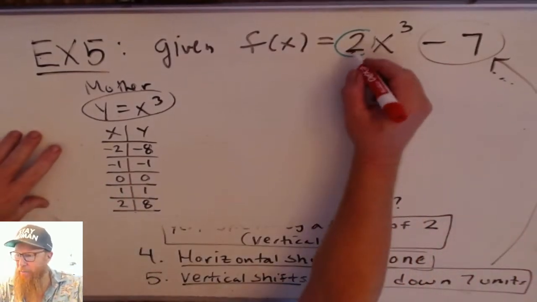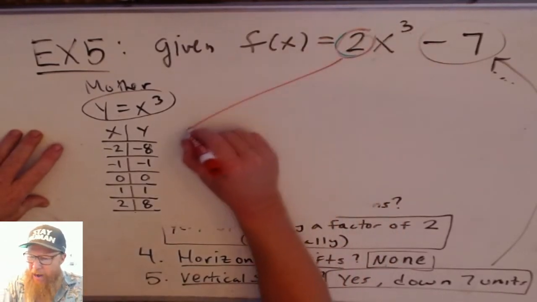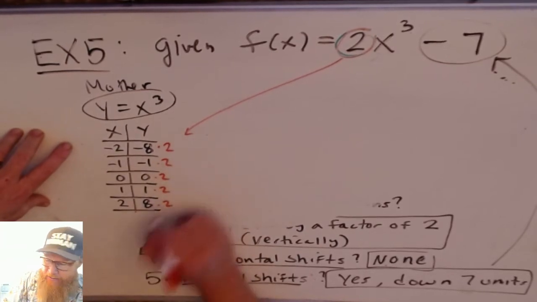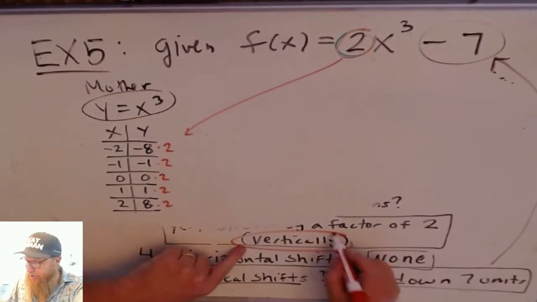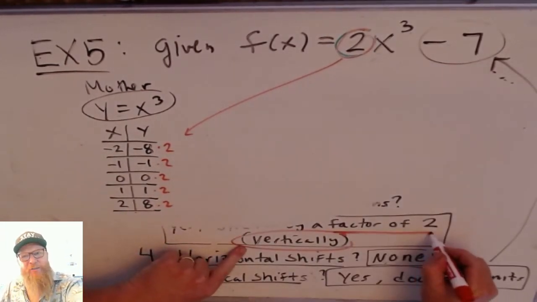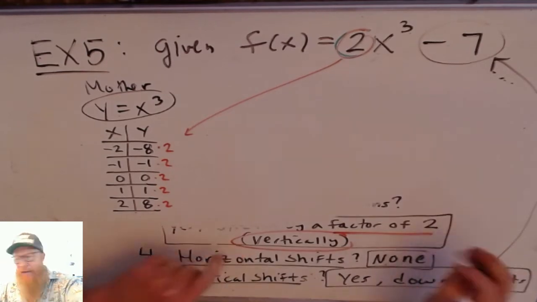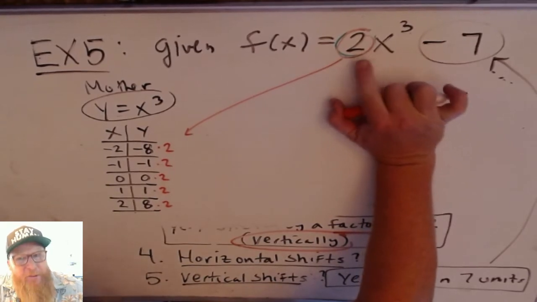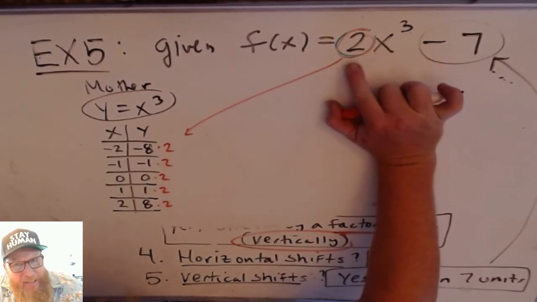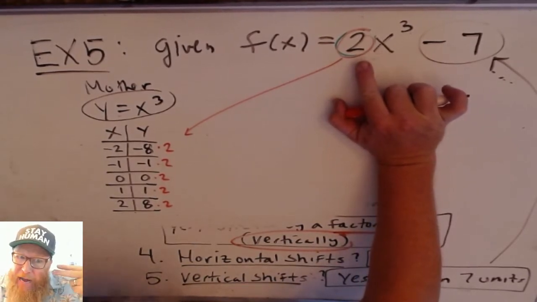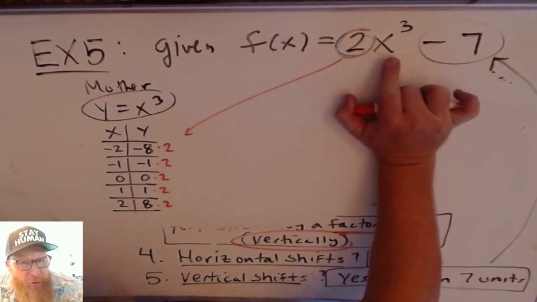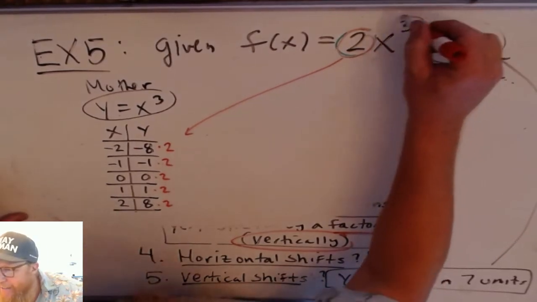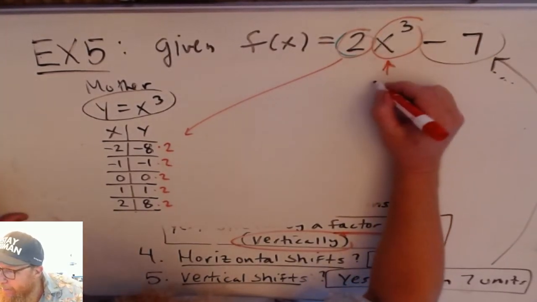All right, so we're going to multiply all of the y's by 2, because that's a vertical stretch by a factor of 2. Now, this drives some people crazy because it looks like you're multiplying the x by 2, doesn't it? I have eyes, and that looks like 2 times x, but it's actually not.